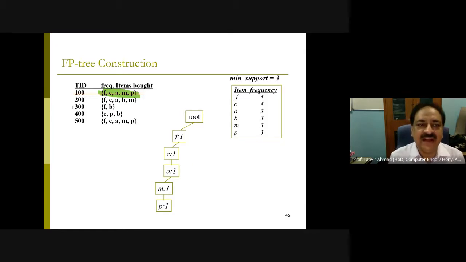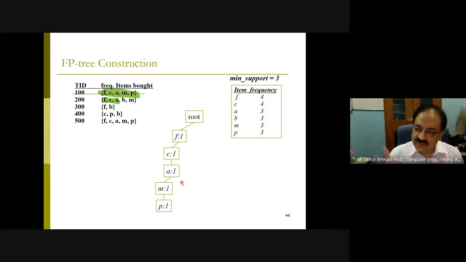Now again take the second transaction, FCABM. From this, you find that FCA is already there from the root. F is already there, C is already there, and A is here.